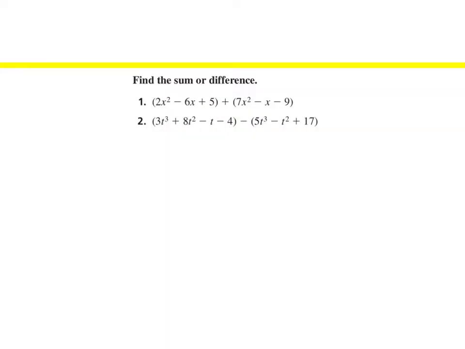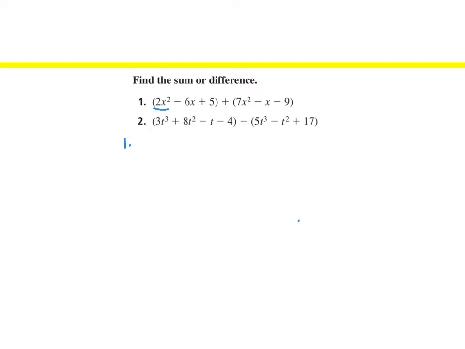Next, we are finding the sum or difference. So for number 1, we're adding the two together. When we're adding our two polynomials, we can ignore the parentheses. So we just act as if the parentheses aren't there.